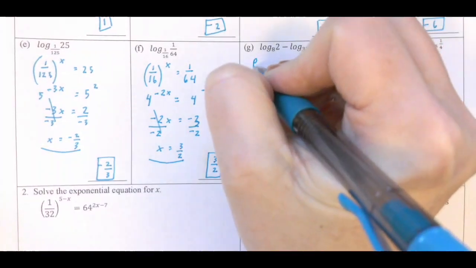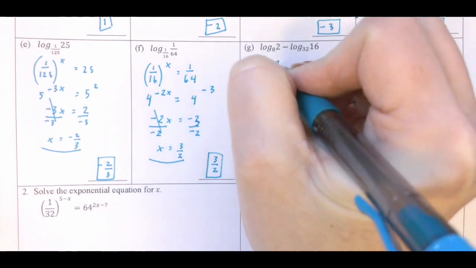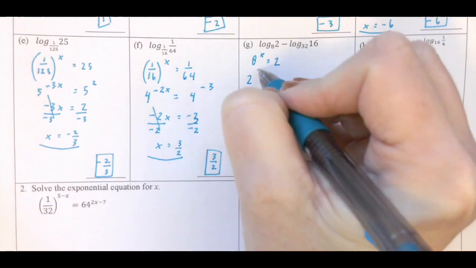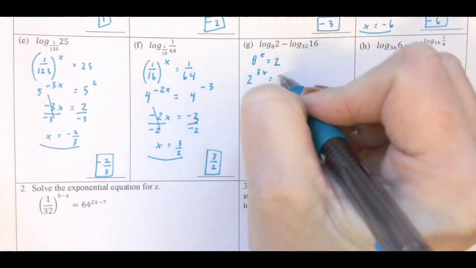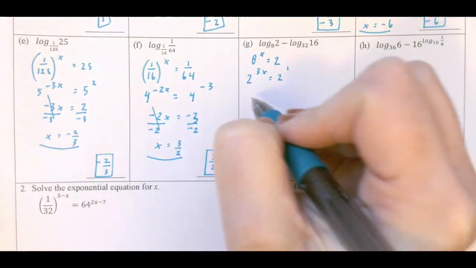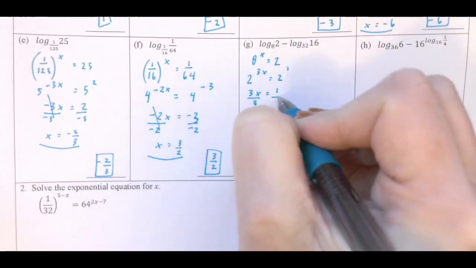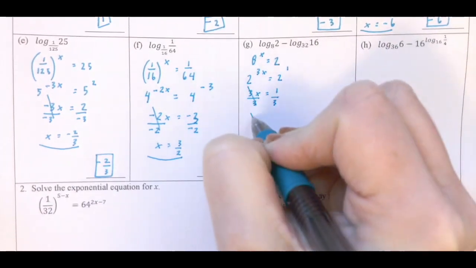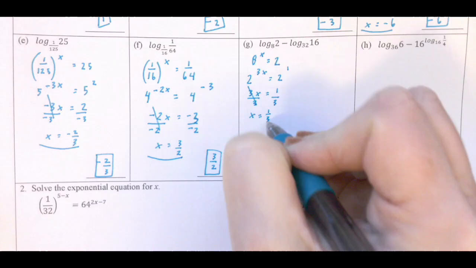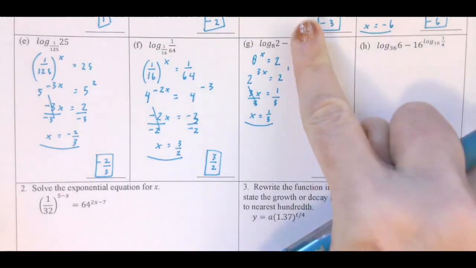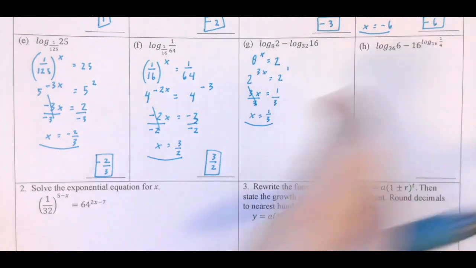And if not, write it out. Make the bases the same. So 2 to the 3x power equals 2 to the first. 3x equals 1. Divide by 3. There's my confirmation.